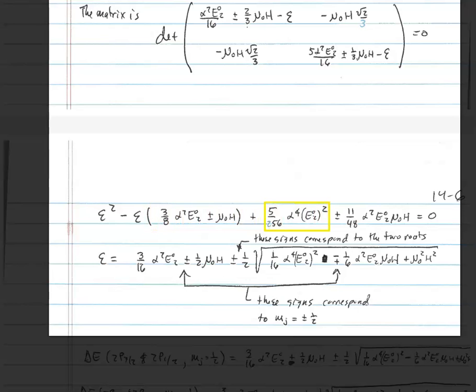And then from that 9/64, we're going to be subtracting 5 over 64. So 9 minus 5 is equal to 4. So I get 4 over 64, which is 1/16. So that's why you have a 1/16 alpha to the 4th E0 squared there.